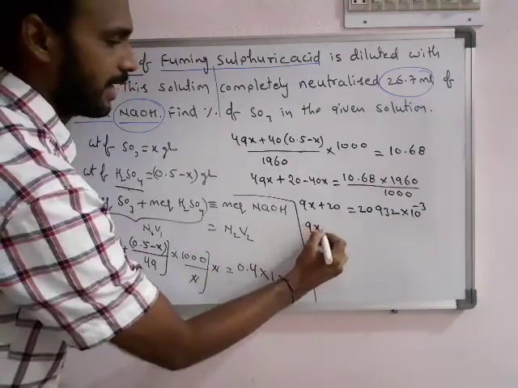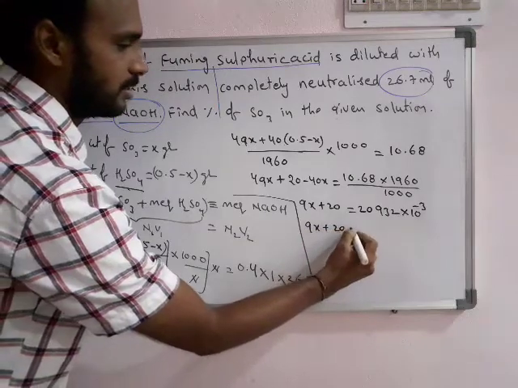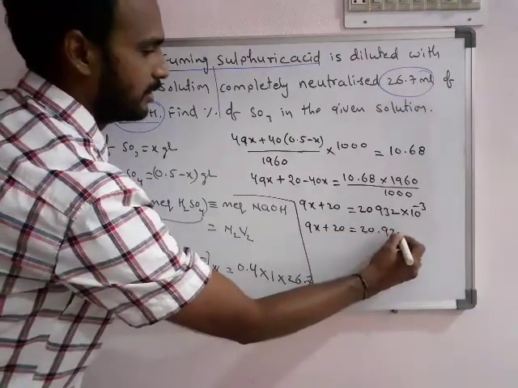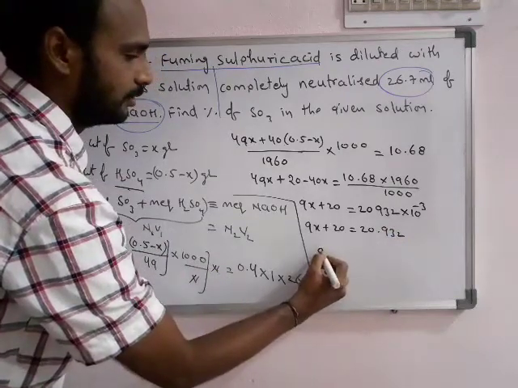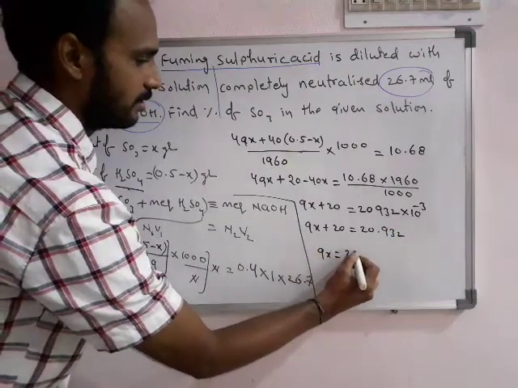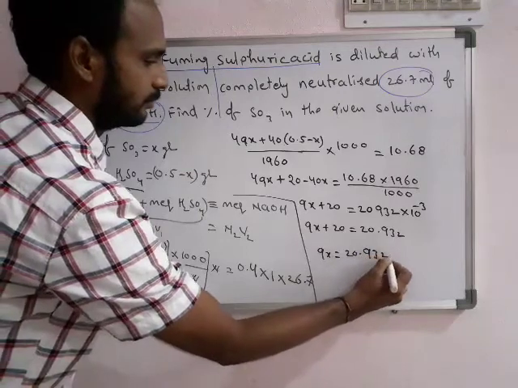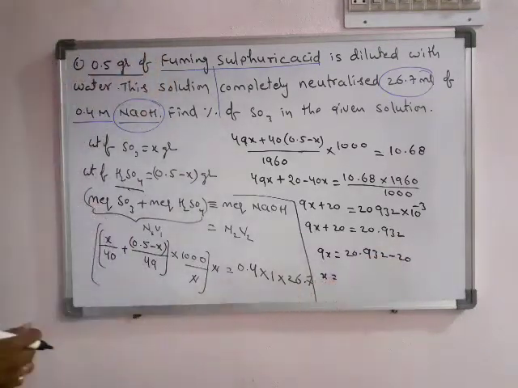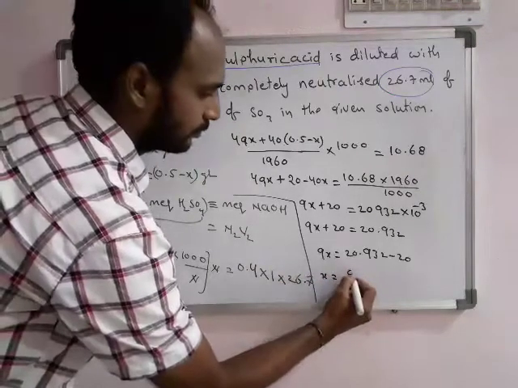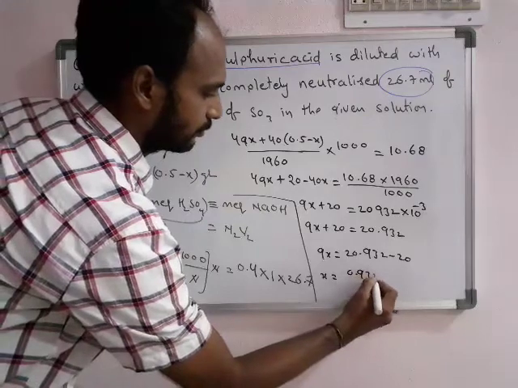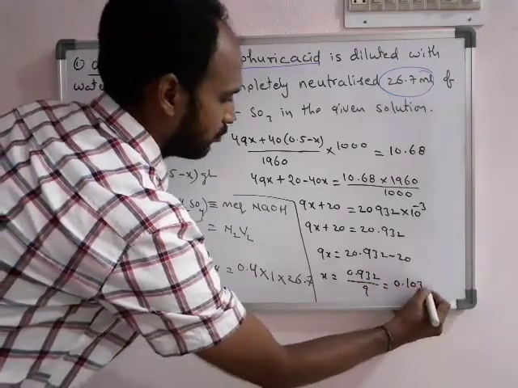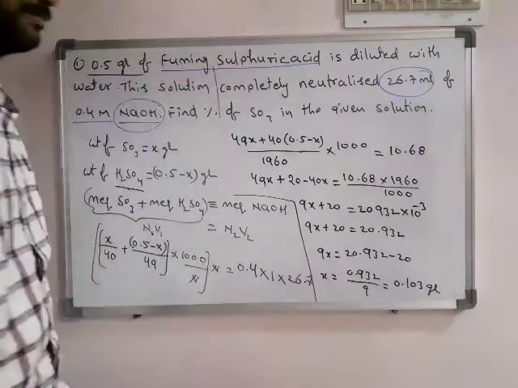Here we get 9x plus 20 equal to 25.932. So 9x equals, so directly we will get x, which gives approximately 0.103 grams.